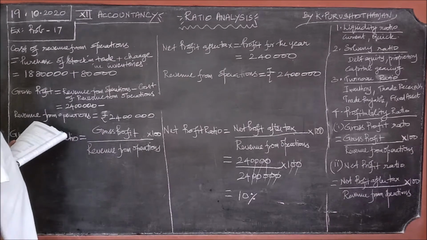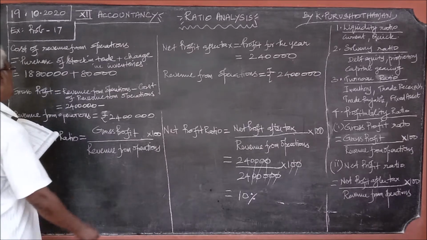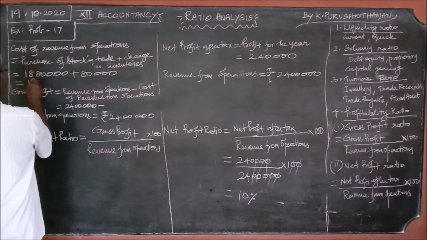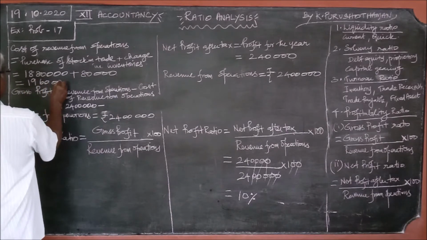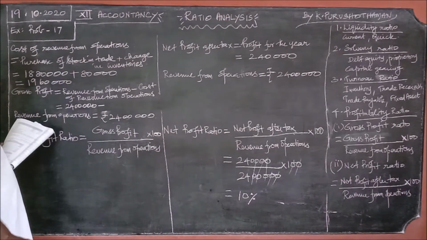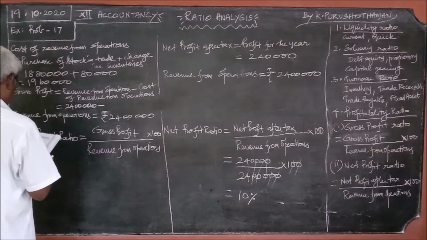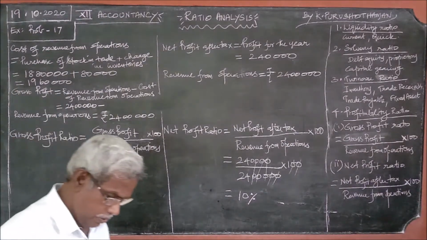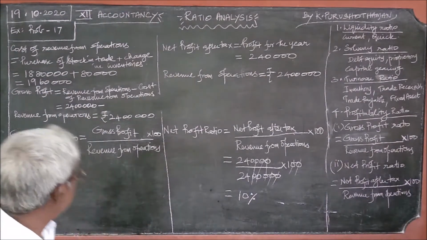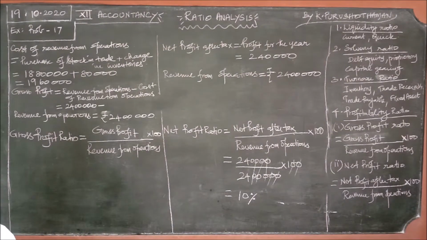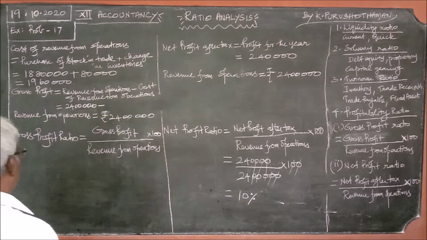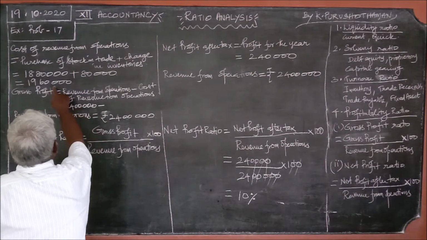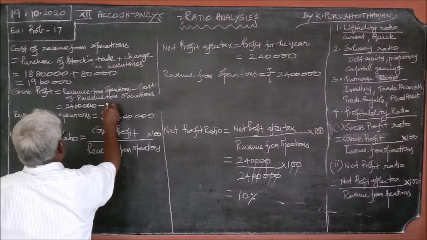But we shall try now. This is actually equal to 19,60,000. We shall see what is coming now. What is 19,60,000? That is the cost of revenue.